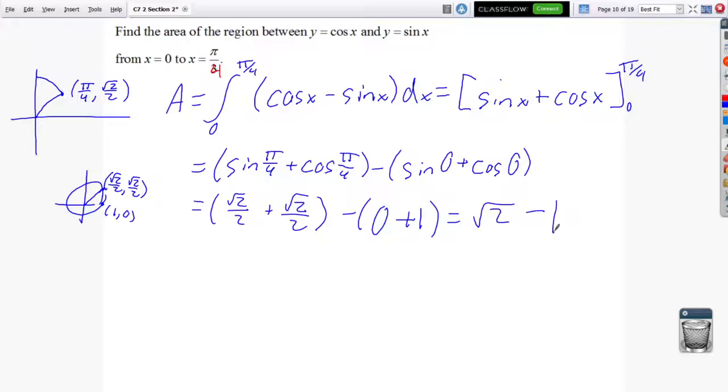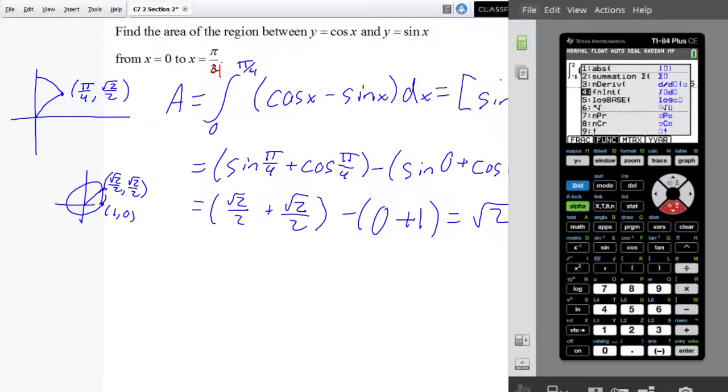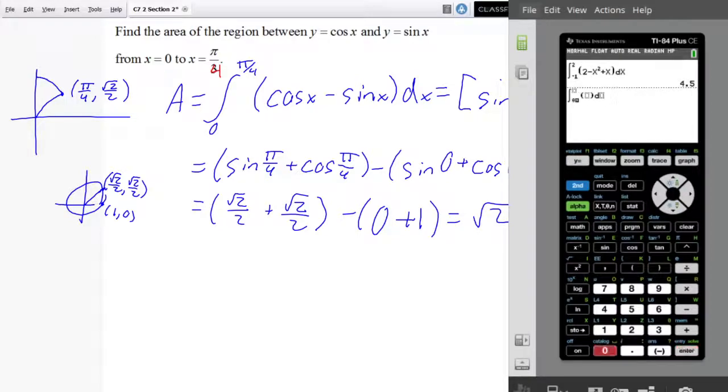However, just to show that we are fun people, we could go to our home screen and use fnInt from 0 to pi over 4 of, I don't feel like typing those functions in here. So I remember y1 is my dominant function.